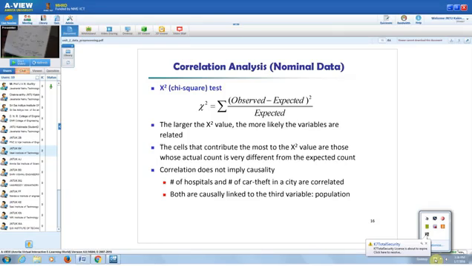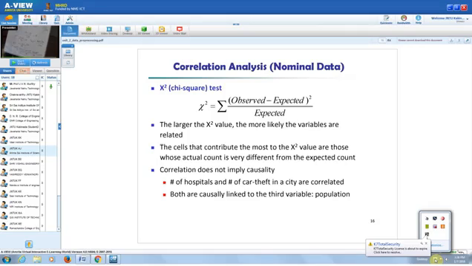So now you want to find out the difference between the expected values and actual values. Here the expected value is considered as, if you consider all combinations, for each combination, what is the total count independently?